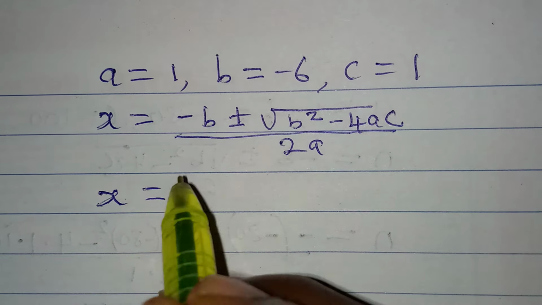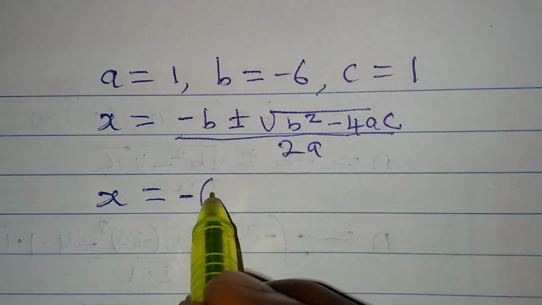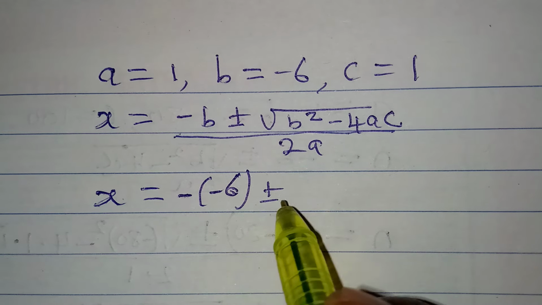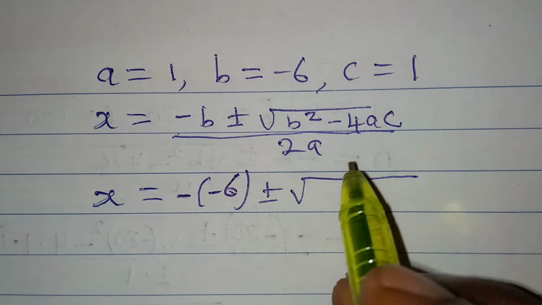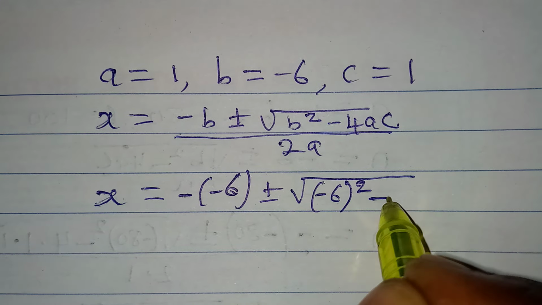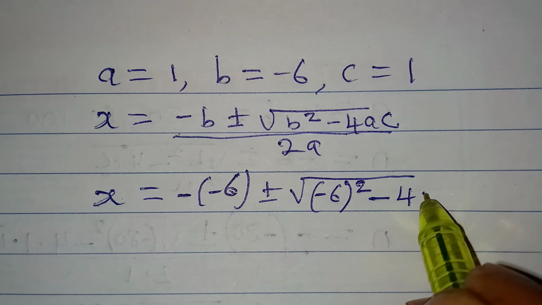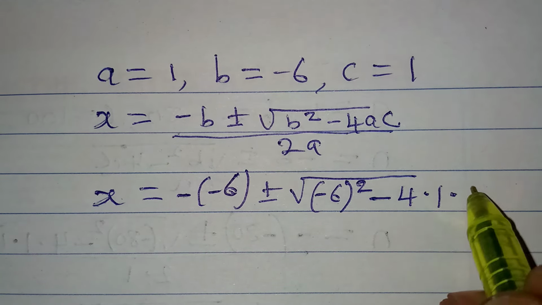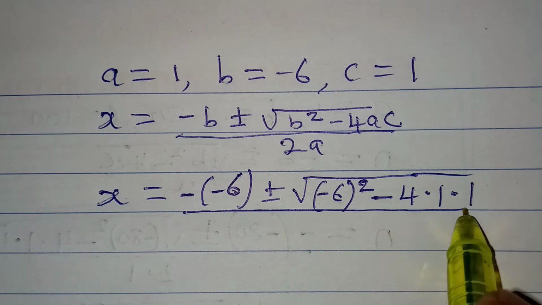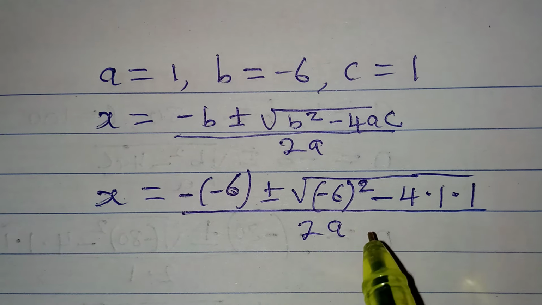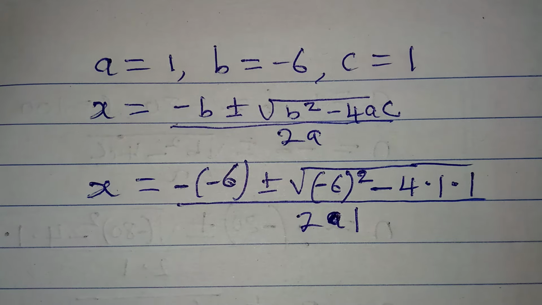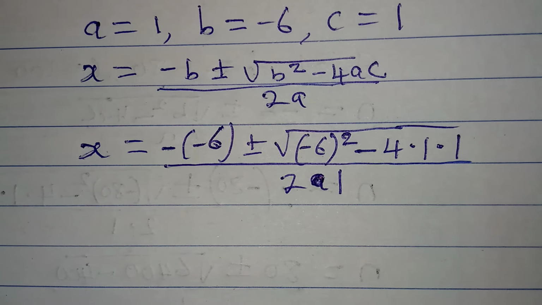So x will be equal to minus 6, that is for b, then plus or minus minus 6 in bracket squared, then minus 4 times a, which is 1, times c, which is also 1, right? And then this is everything over 2a. Okay, a is still 1, that means we have 2 times 1.